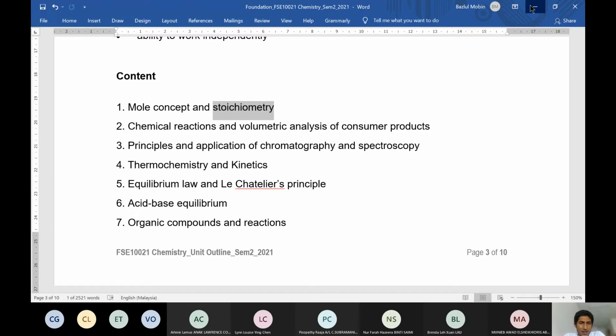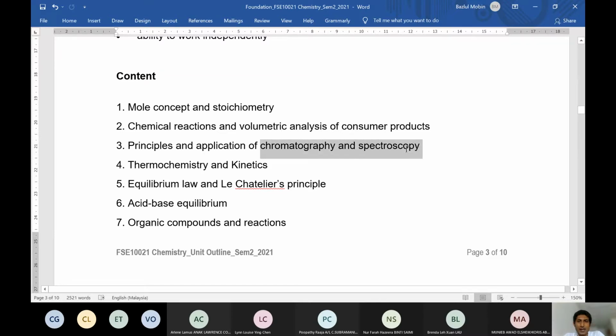Sorry. Okay, so the chemical reactions and volumetric analysis, chromatography and spectroscopy, these are very important and useful tools. And during this COVID, they are even more useful and more practical. I will tell you when. If I forget, please remind me. Thermochemistry, which involves heat, is also important.